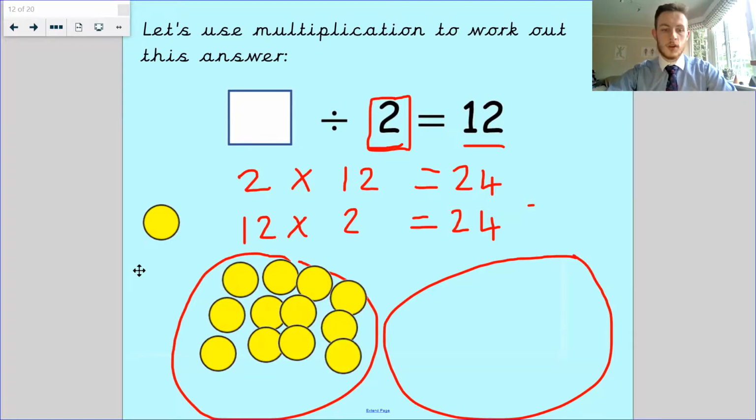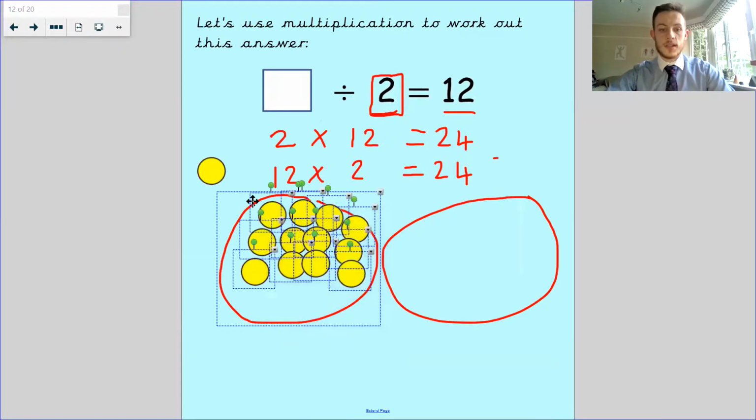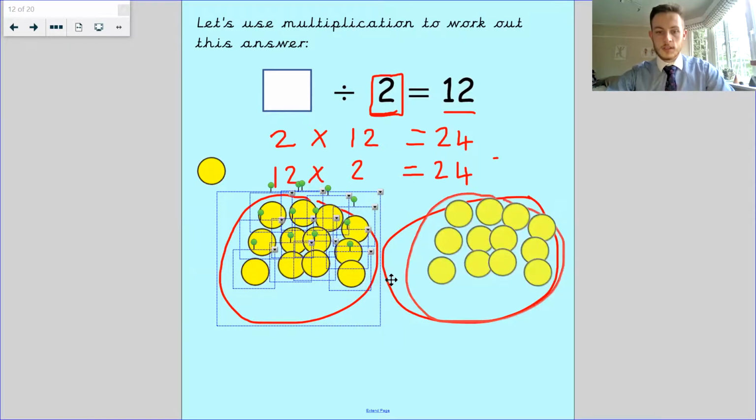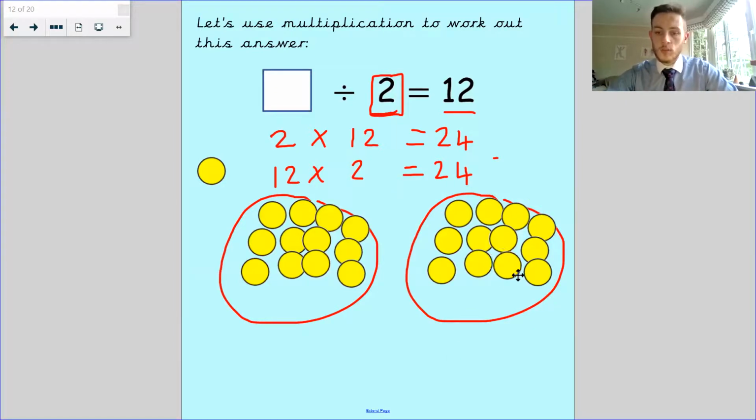So now I've got 12 in one group and I'm about to have 12 in another group. So let's get rid of that. Perfect. I've got 12 in one group and I have 12 in another group.